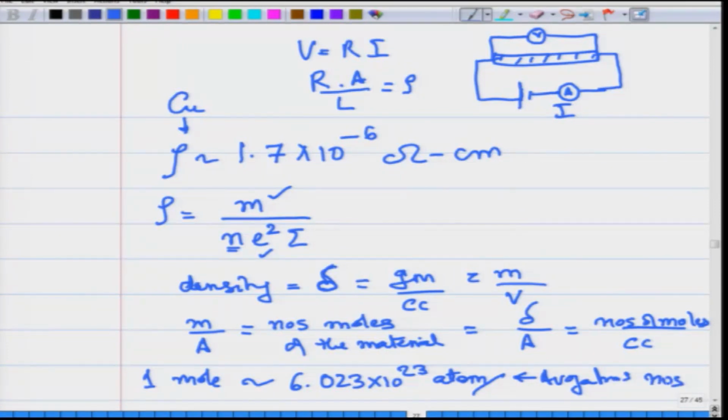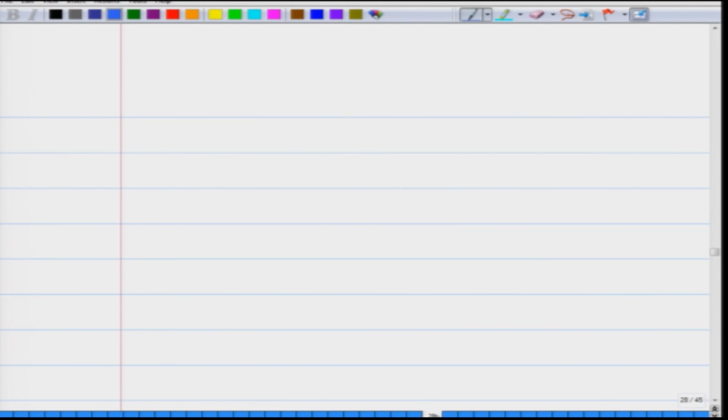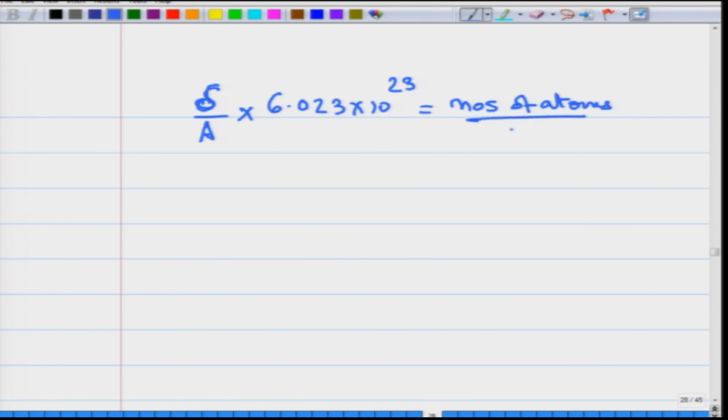Hence the density divided by the atomic mass into 6.023 into 10 to the power of 23 is going to give you the number of atoms per cc of the material. You easily get the number of atoms per cc of the material.